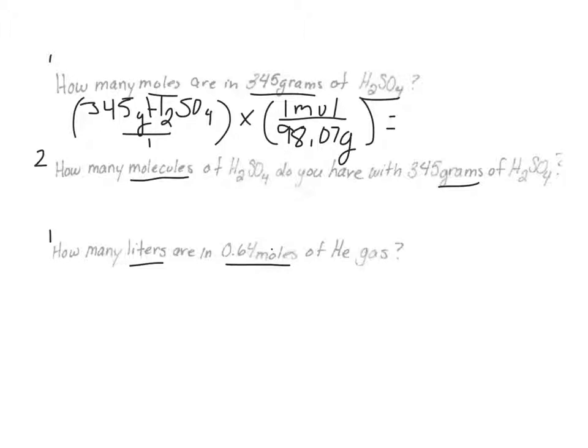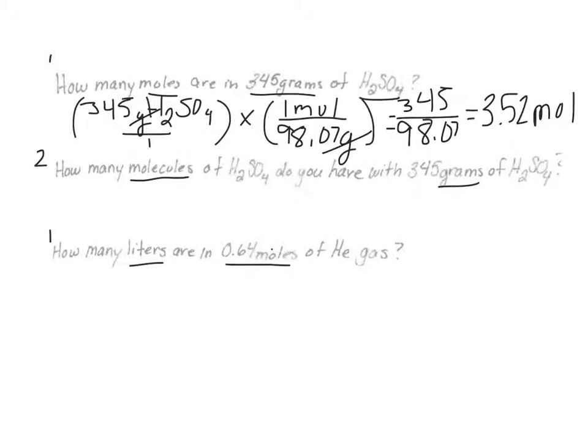And so now I multiply all the way across the top, 345, all the way across the bottom, 98.07. My grams are going to cancel out, and I'm going to be left with moles. So when I divide 345 by 98.07, that gives me 3.52, if we're using significant figures, 3.52 moles of sulfuric acid.